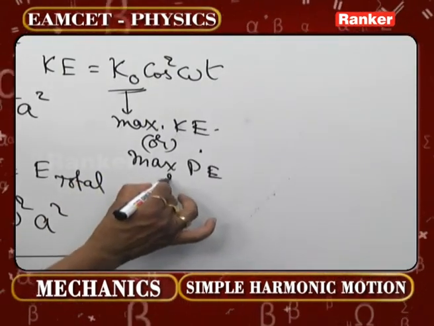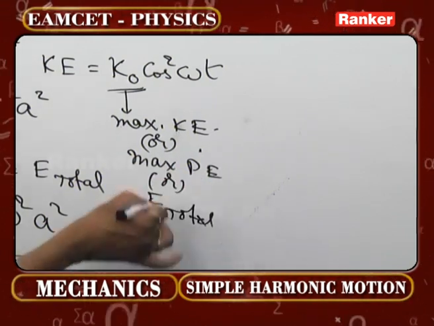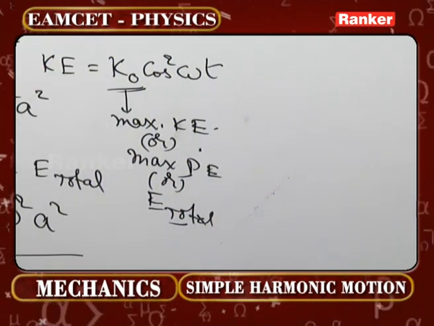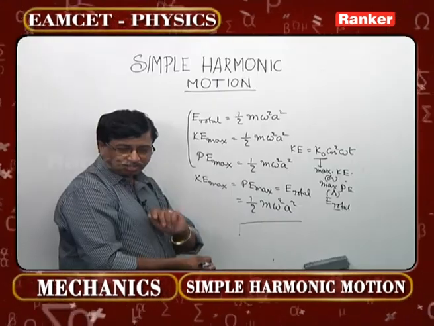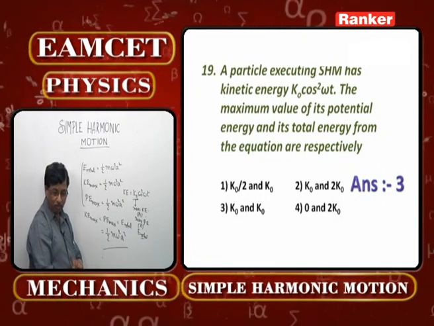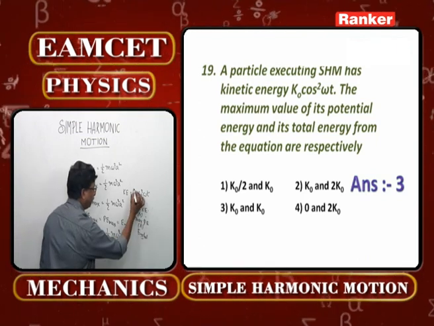Can't you just call the same as total energy, that value also? That means whether you call it total energy or maximum potential energy or maximum kinetic energy, it is equal to K0 only. Look at the question now that is asked. Its potential energy, which value? Maximum value. And total energy. What is maximum potential energy? K0.